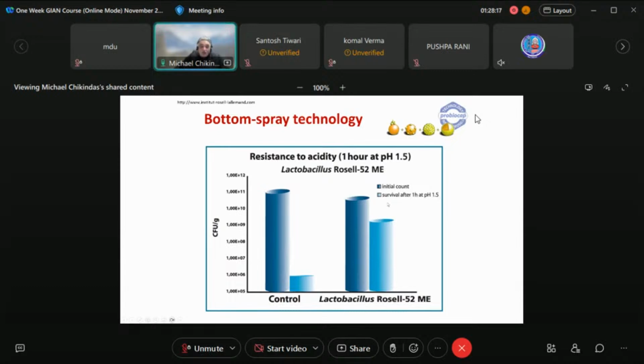We see the control can drop from 10 to the 11 to about 10 to the 6. In the case of the protected, around 5 times 10 to the 10, down about 1 log. So really, I think it's a decent survivability of the protected formulation.